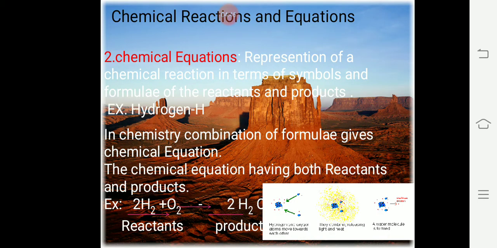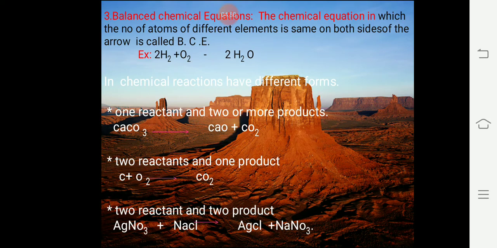So, reactants and products. Okay, next our topic is balanced chemical equations. What is meant by a balanced chemical equation? A chemical equation in which the number of atoms of different elements is the same on both sides of the arrow is called a balanced chemical equation. In a balanced chemical equation, first note down which elements are present.